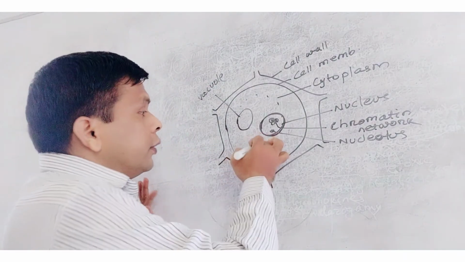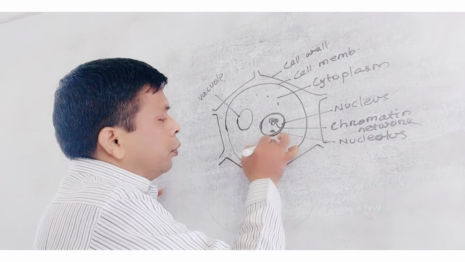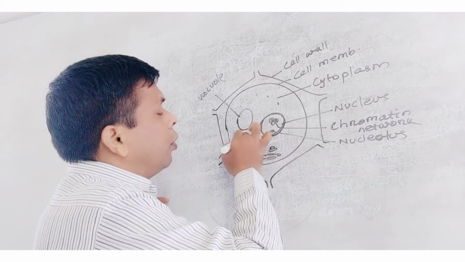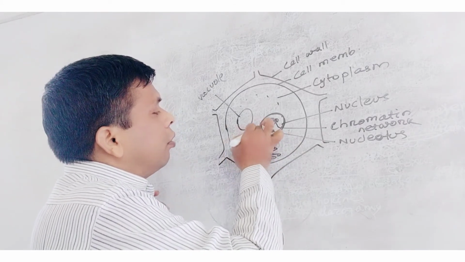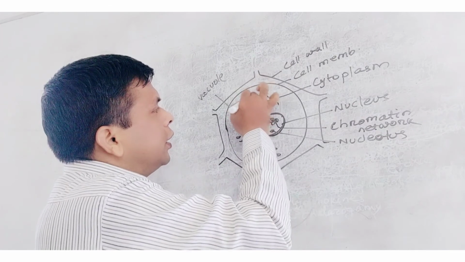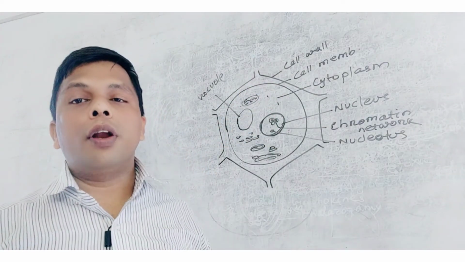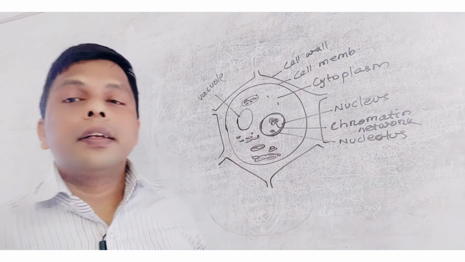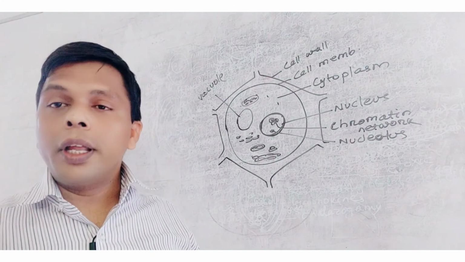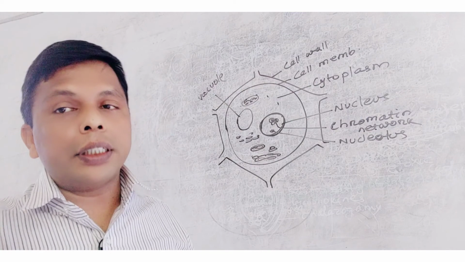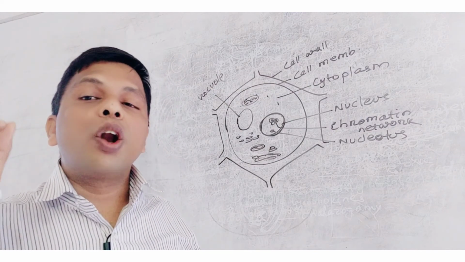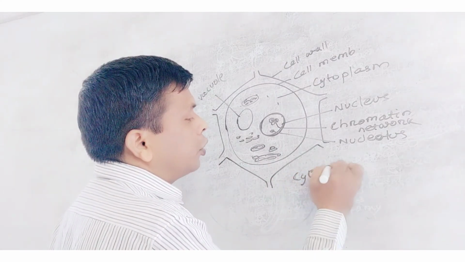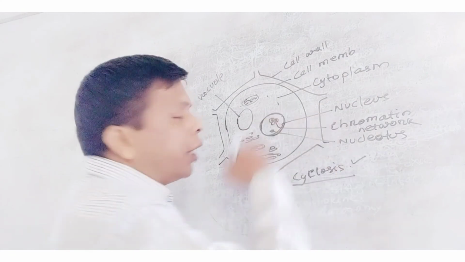The cell organelles, ribosome, mitochondria, endoplasmic reticulum, Golgi complex, and plastids, all these types of cell organelles are found in eukaryotic cells. The cytoskeleton, microtubules and microfilaments are present here. Cyclosis, the streaming movement of cytoplasm, is found here.